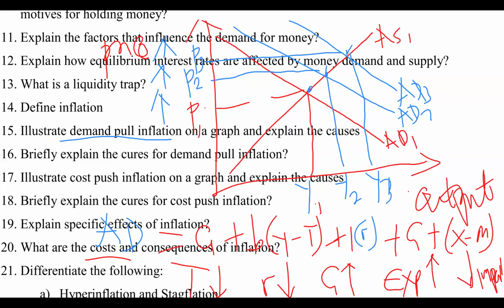So we have shown you the causes of it. I've summarized the causes, and I've also shown you on a graph how to present demand pull inflation. It is caused by the aggregate demand increasing, right? The increase in the aggregate demand, and you'll see that the price levels start increasing.